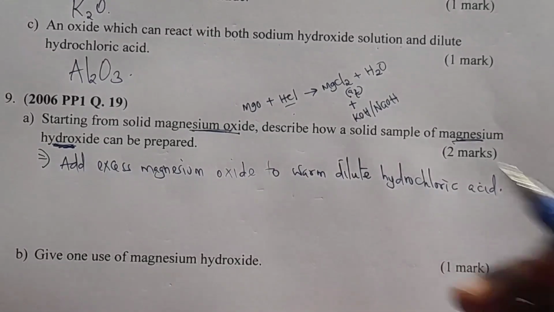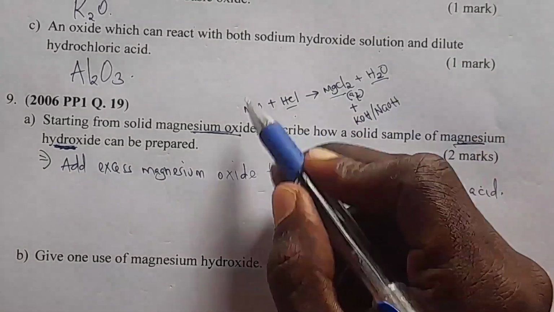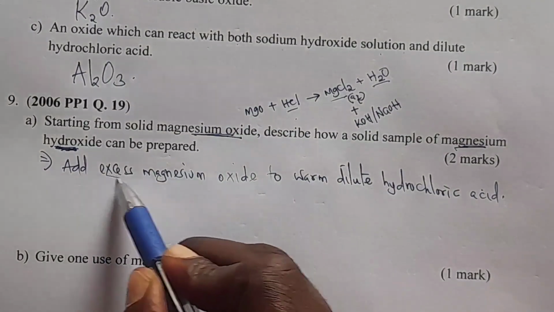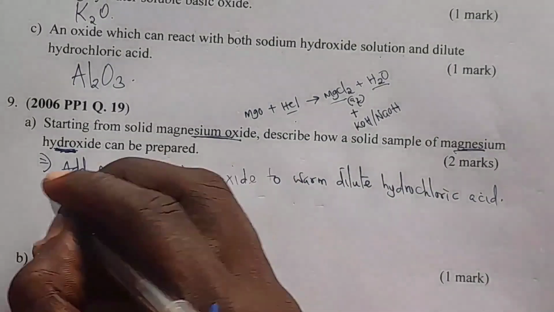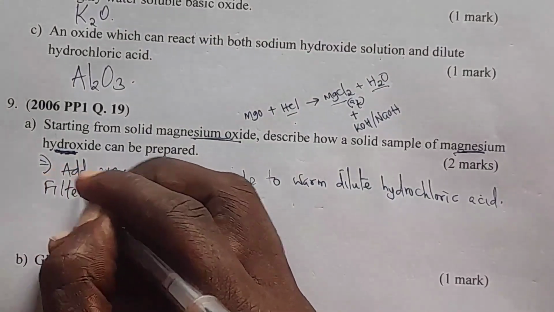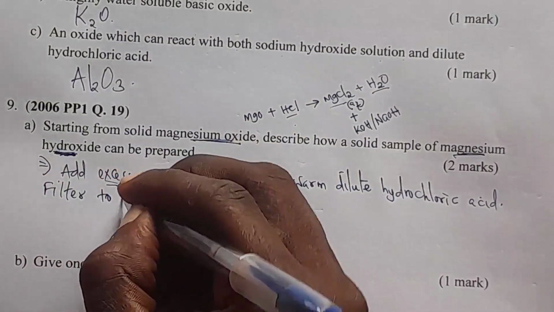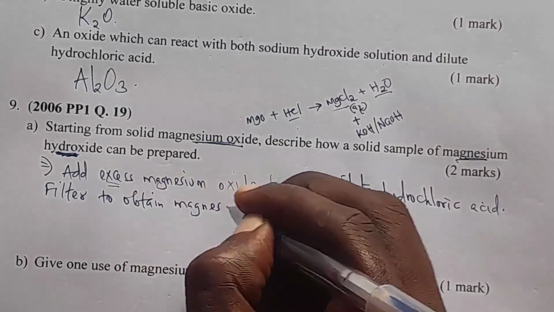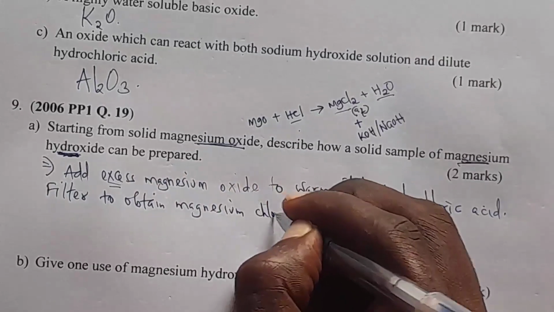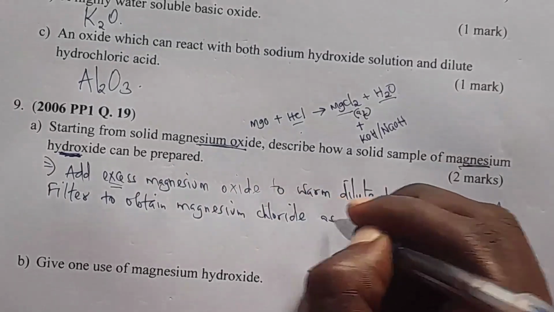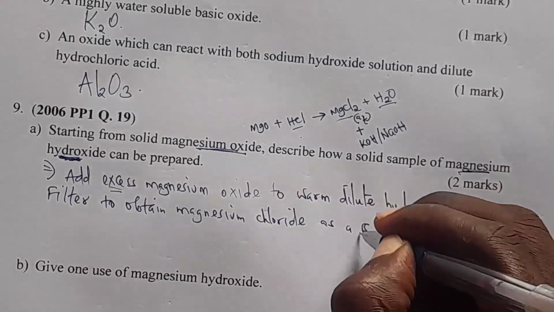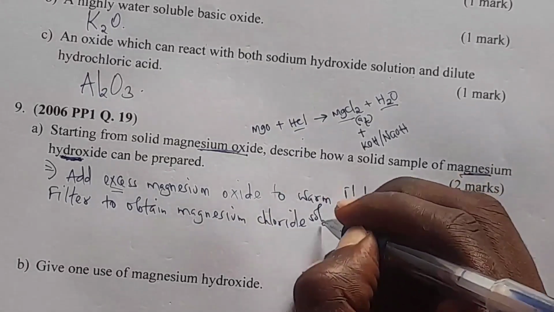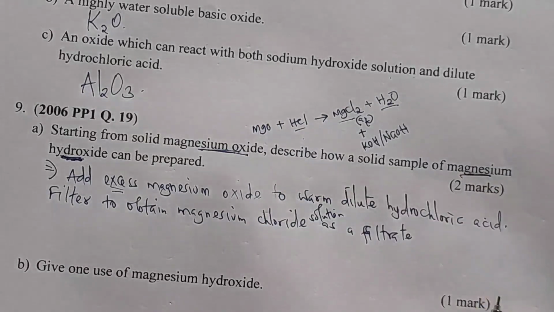Then here we are going to get magnesium chloride and water, and we are having also the excess magnesium oxide, because we have put the magnesium oxide in excess. So we are supposed to filter. So we said filter the mixture to obtain magnesium chloride solution as the filtrate.